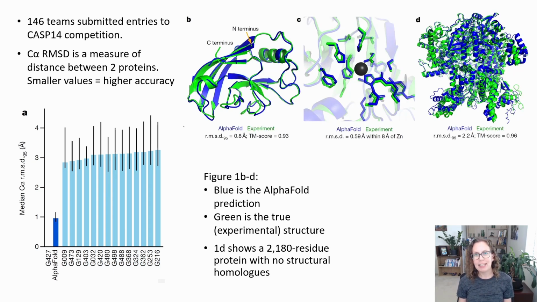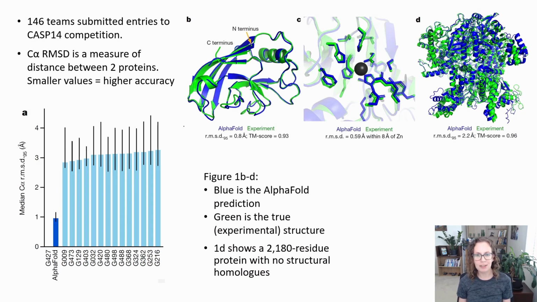Figures 1B, C, and D just give 3 examples of particular proteins that were in this data set, showing in blue what AlphaFold predicted the protein structure to be, and green was the true structure that had been determined experimentally. You can see that the proteins range in complexity. And the protein pictured in 1D is a 2,180 residue protein with no structural homologs.